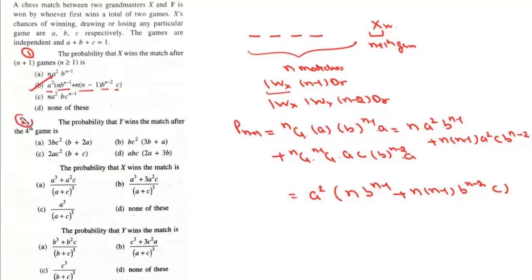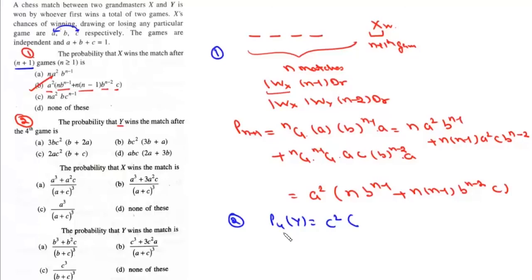Now the second question asks for the probability that Y wins the match after the 4th game. We have already calculated it for X, and the difference between X and Y is that their probabilities of winning and losing are interchanged. So we use the formula from the first part to calculate the probability of Y winning in the 4th match. It will be P4 for Y, and in this we interchange A and B, so we write C square.